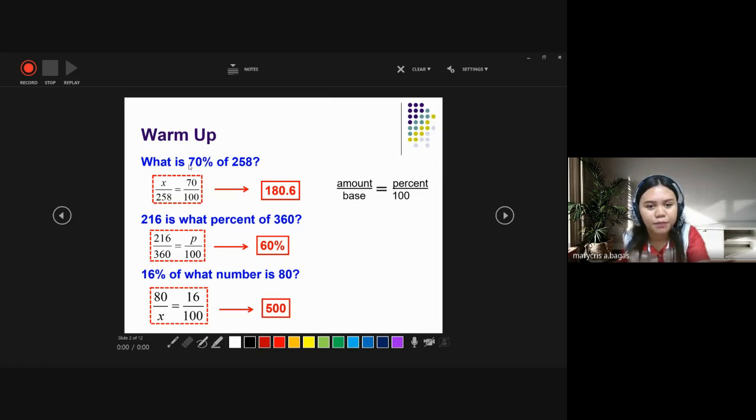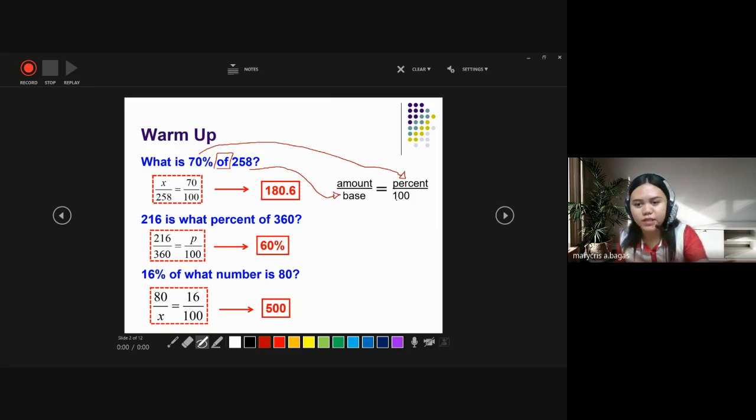The percent is given already, 70%. And when you see "of", this is our keyword. When you see "of", that is our base. 100 here is constant, it is always there. And we're looking for the amount.